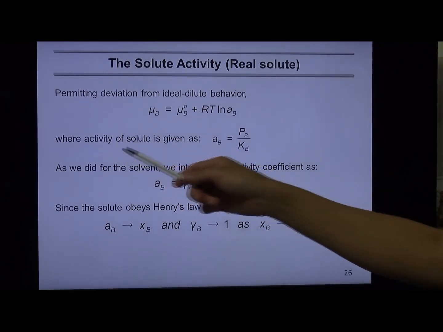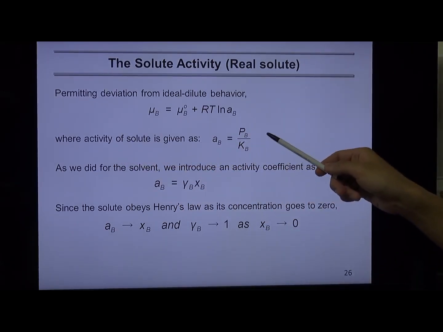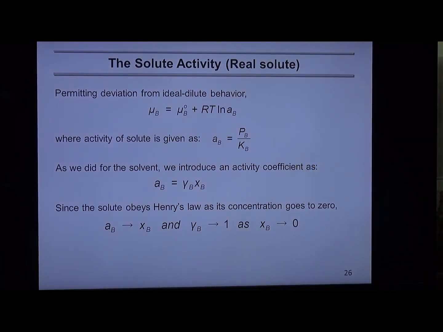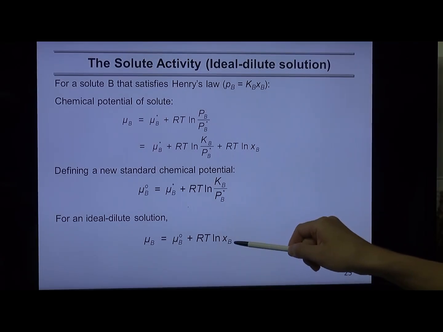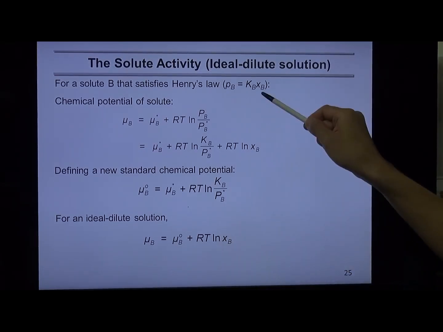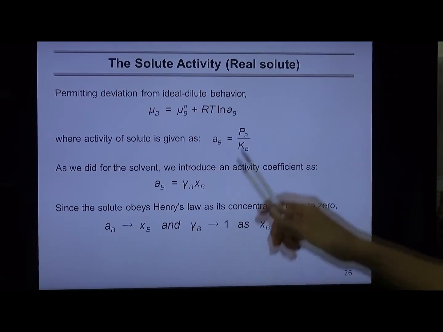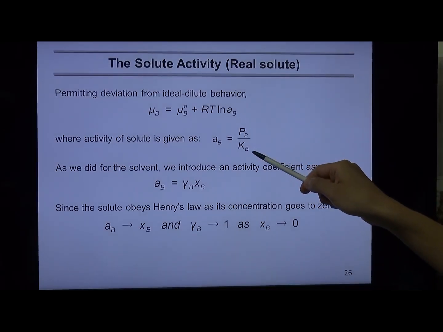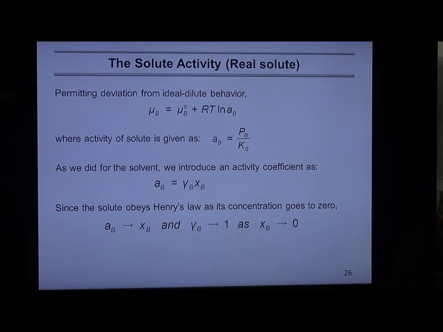And activity can be, for a real solution, defined as pB over KB, because we basically replace the XB by aB. XB is defined by pB over KB. So the activity of the solute is defined by pB over KB for a real solution.